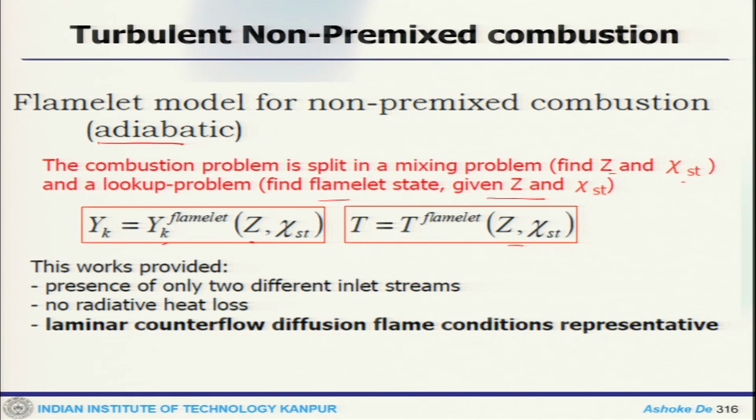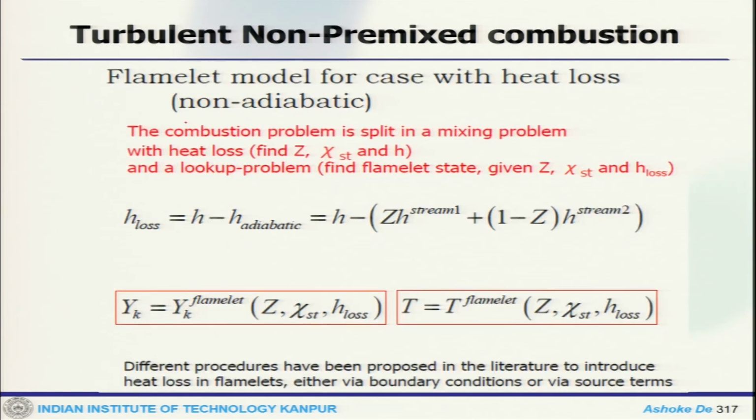Now another case could be where you have heat loss, that means a non-adiabatic situation. The problem definition still remains the same, that means you still split into two problems, one is the mixing problem and another is the heat loss problem. So now you have to take into account one more extra variable, that is the enthalpy. Usually people take into account the enthalpy deficit or something like that, and then you find the lookup table based on Z, chi stoichiometric and heat loss. Heat loss is the enthalpy minus the adiabatic one.